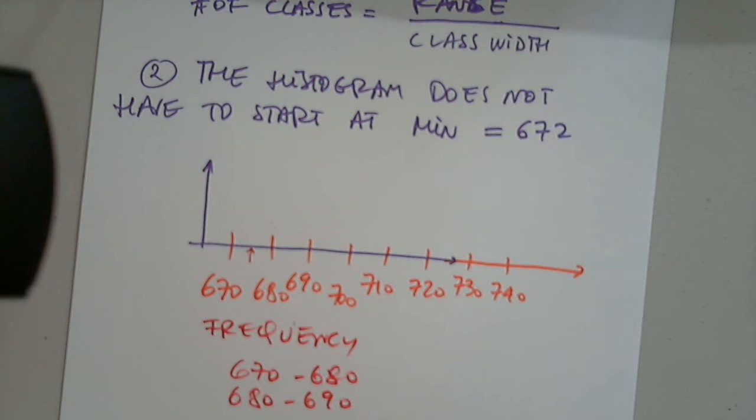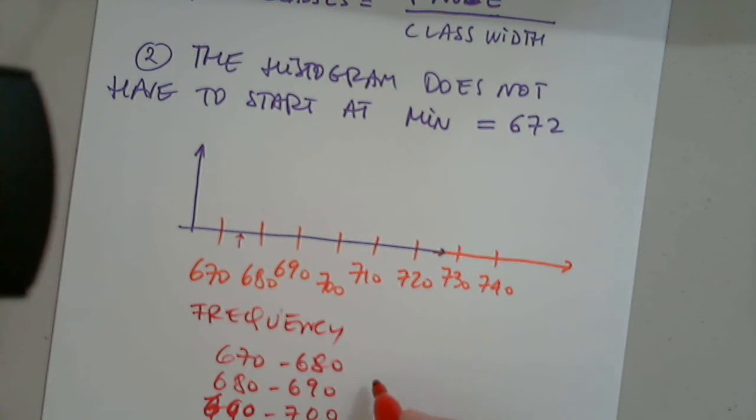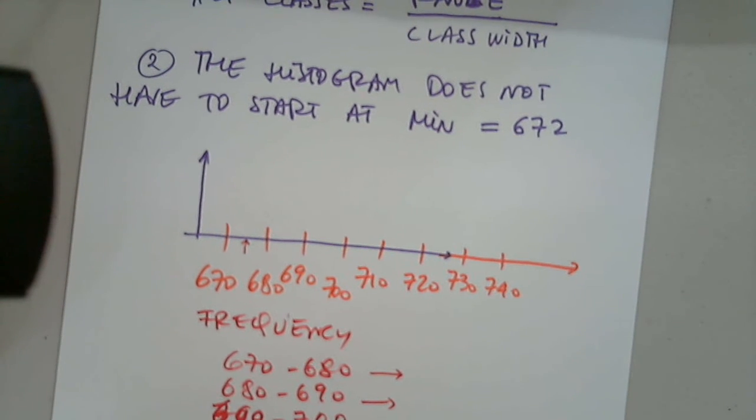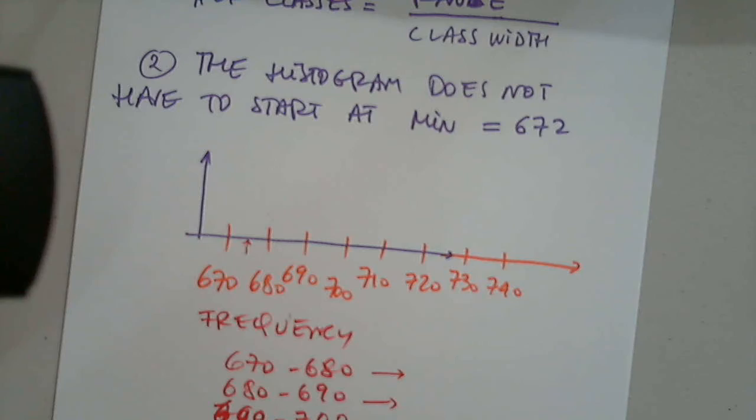I cannot miss any: 690 to 700, 700 to 710, 710 to 720, 720 to 730, and finally 730 to 740. I have to determine the frequency for all, and then I will be able to present the histogram and look at the distribution.